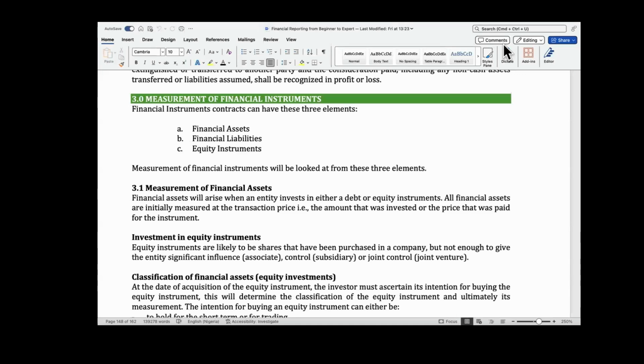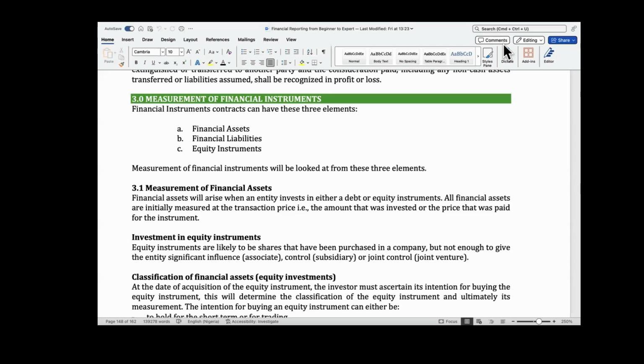Remember clearly that financial instruments is all about debt and equity instruments. It's just ways of raising money, the ways companies, individuals, even governments raise money. And also, we are looking at IAS 32 and IFRS 9 to learn how to treat these instruments.